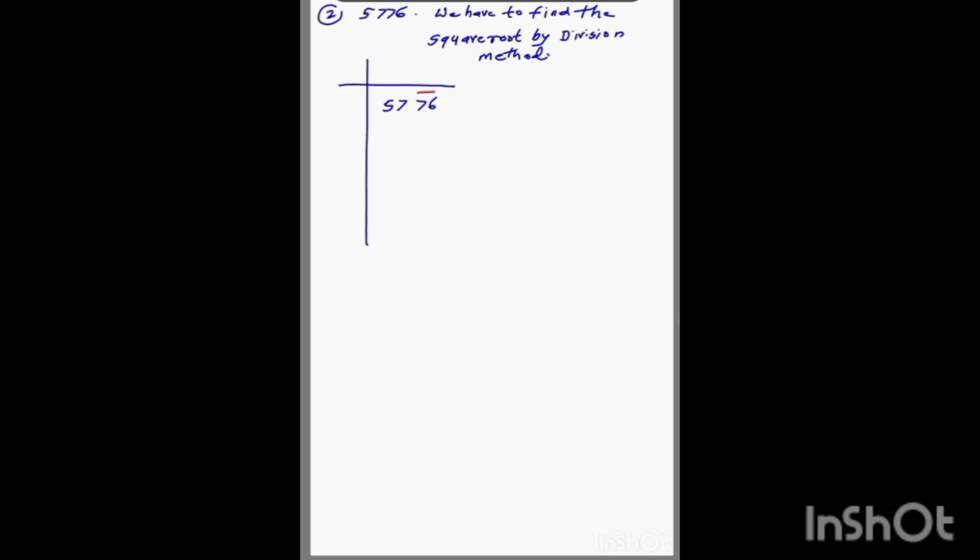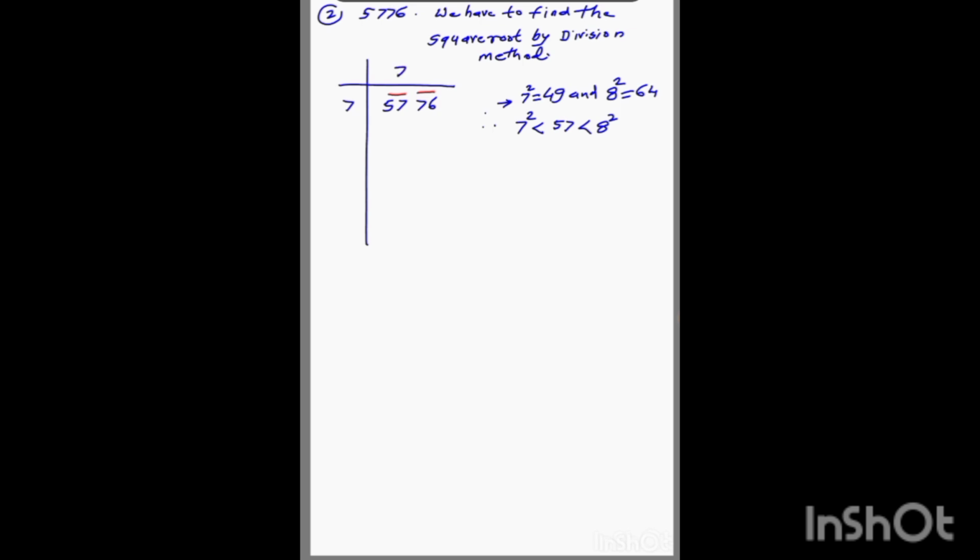Consider only 57 and see which square number lies just below it. 7 square is 49, 8 square is 64, so 7 square is less than 57, which is less than 8 square. This will always be a maximum 2-digit number, so it is very easy, from 1 to 9 only. If it is 1 digit, then 1 to 3 and 4 to 9. That makes the problem very easy.